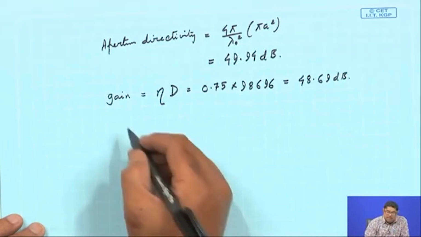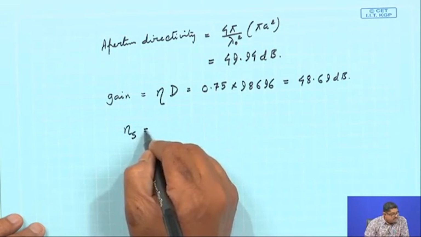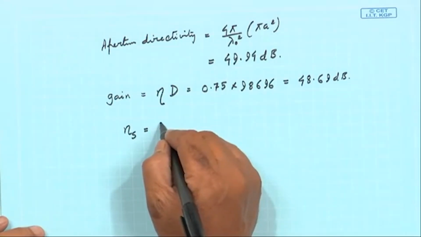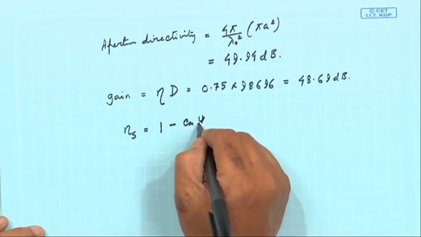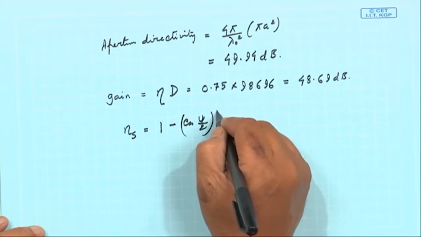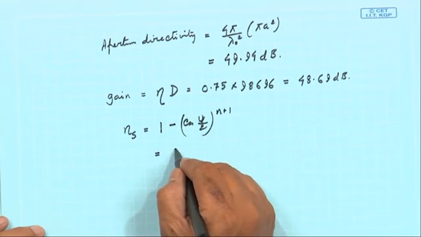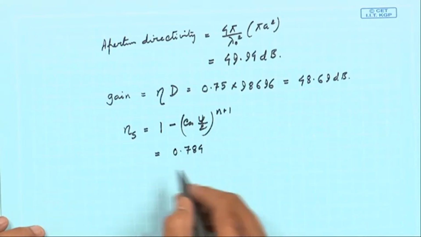And now, what is the spillover efficiency? Since we know the aperture, we can find spillover efficiency: 1 minus cos psi by 2 to the power n plus 1. So, that will be 0.784. So, 78.4%.